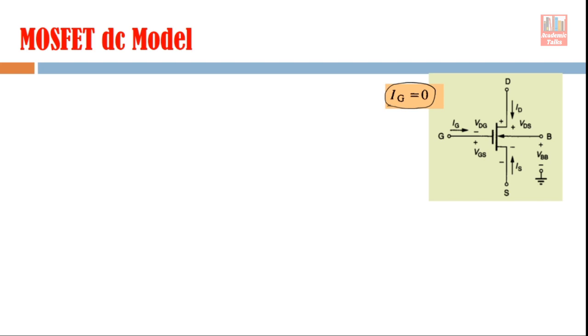So irrespective of the amount or polarity of voltage applied to the gate, in a MOSFET device the gate current is always 0. This is one important equation in the DC model of the MOSFET device.